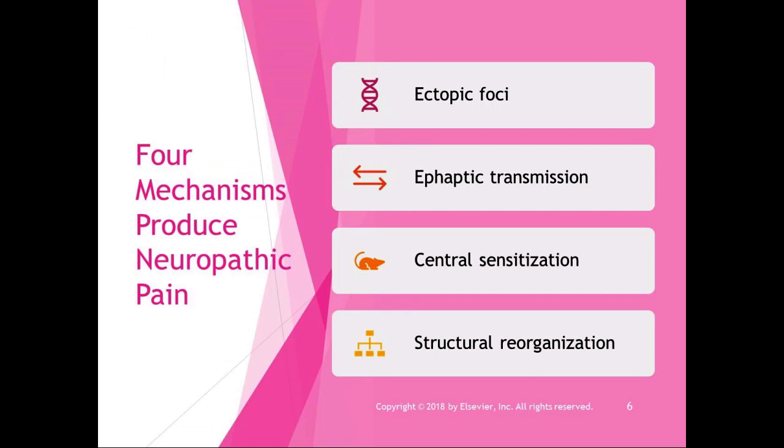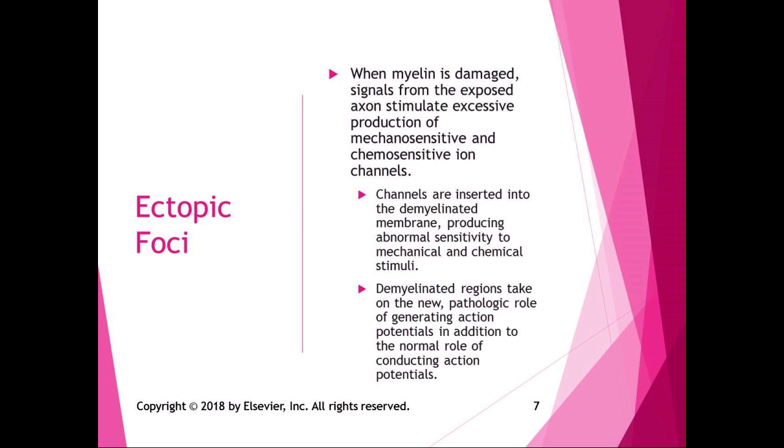So there are 4 mechanisms that produce neuropathic pain, and we'll talk about each one of these. So lots of different things can cause neuropathic pain. So ectopic foci. Ectopic means it's not in the place where it usually should be, and foci is the plural of focus. So when myelin is damaged, signals from the exposed axons stimulate excessive production of mechanosensitive and chemosensitive ion channels.